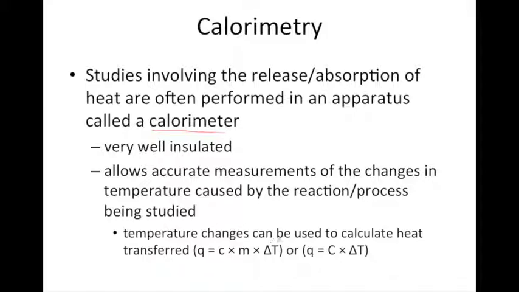The temperature changes can then be used to calculate the heat transferred using the formula for specific heat capacity or heat capacity, which we've talked about previously. So Q, the heat absorbed or released, is equal to the specific heat times the mass times the change in temp, or Q is equal to the heat capacity times the change in temp.